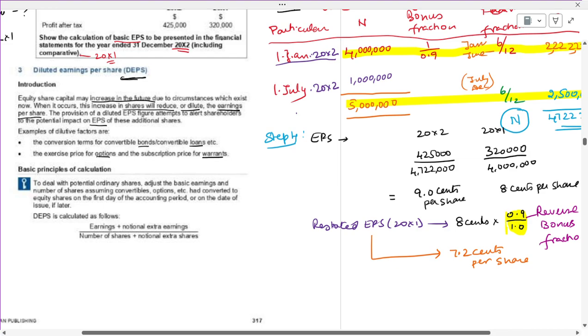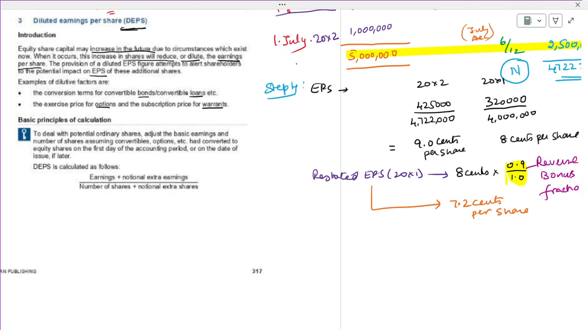In terms of warrants, a warrant is nothing but an agreement. The basic principles of calculation are the same. Diluted earning per share says that earnings, this is the first segment. You are adding another segment, notional earnings, the expected earnings, divided by the expected number of shares.